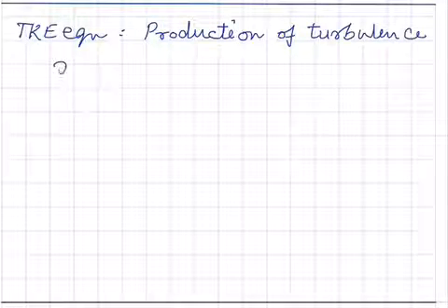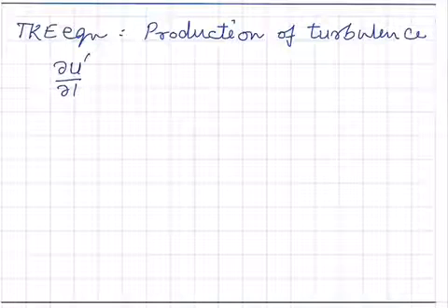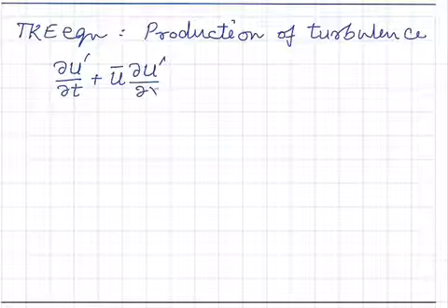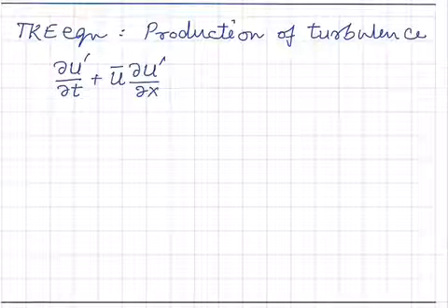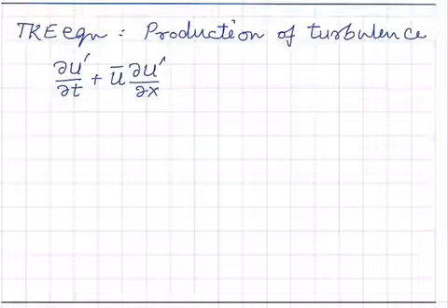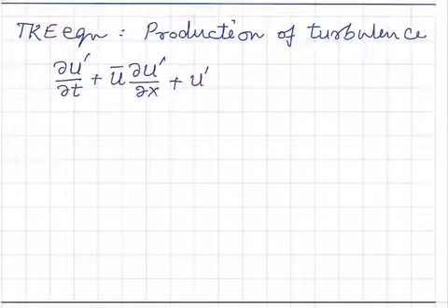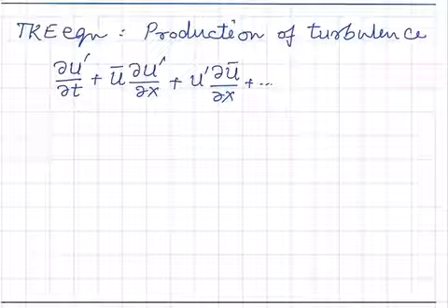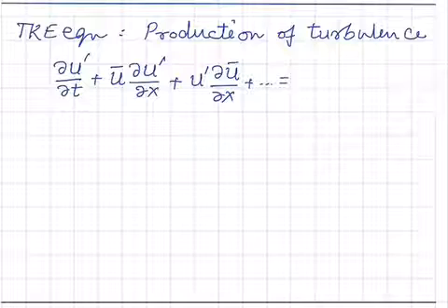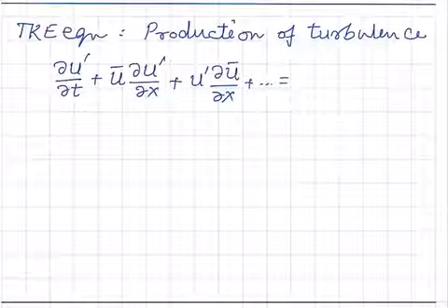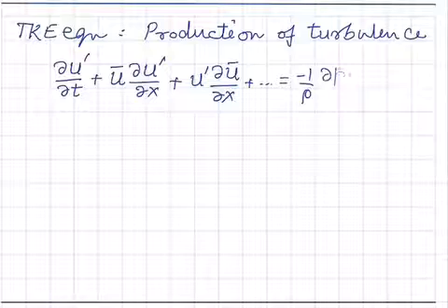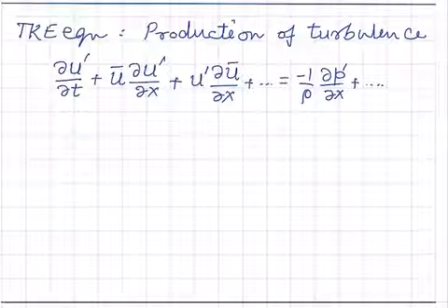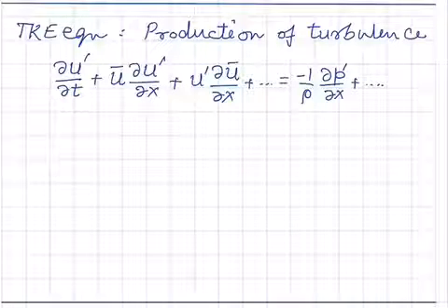We have du prime dt plus u bar du prime dx plus u prime du bar dx plus some additional terms, equal to minus 1 over rho dp prime dx, and then additional terms including sigma and tau, Reynolds stresses.